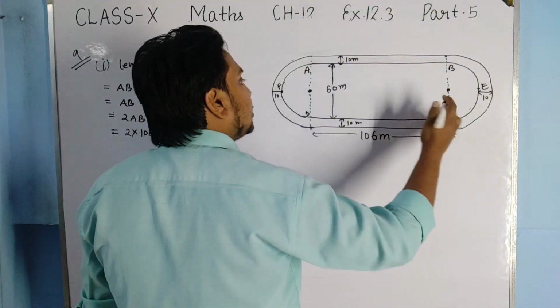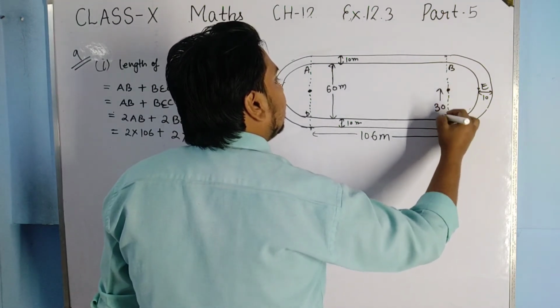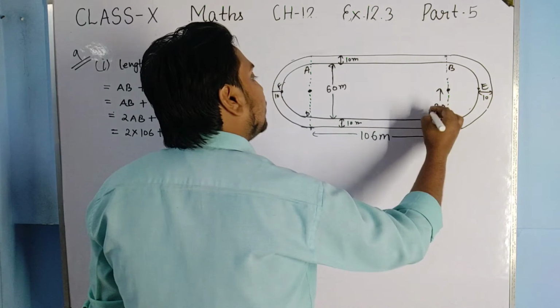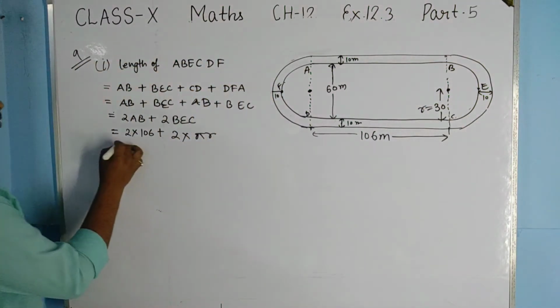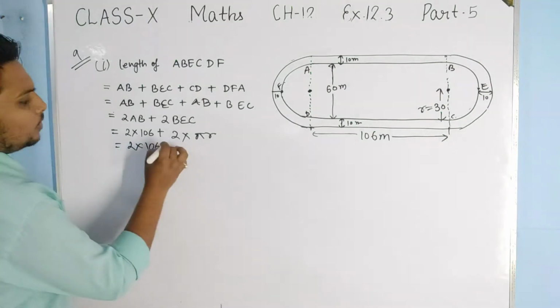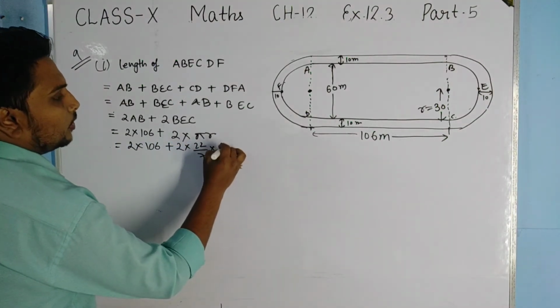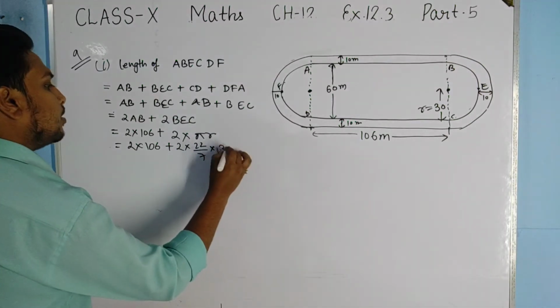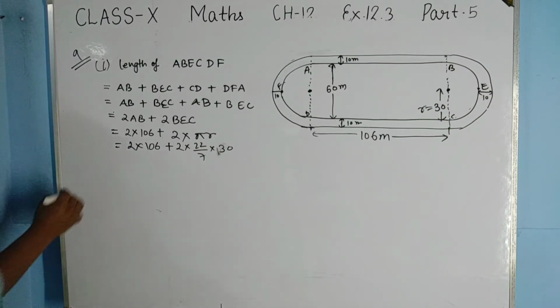The total distance is 60, so this r will be just half, that is 30 meter. So put the value here: 2 into 22 by 7 into 30. After solving this, you will get the result.